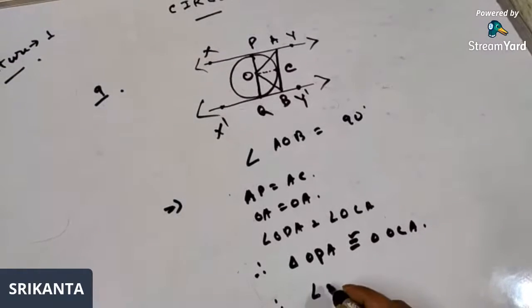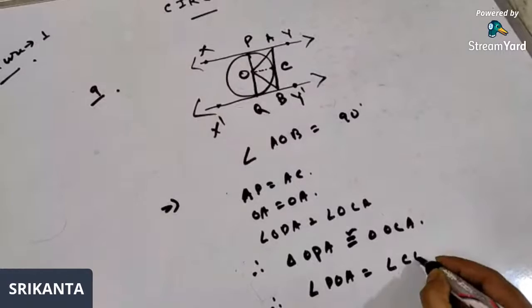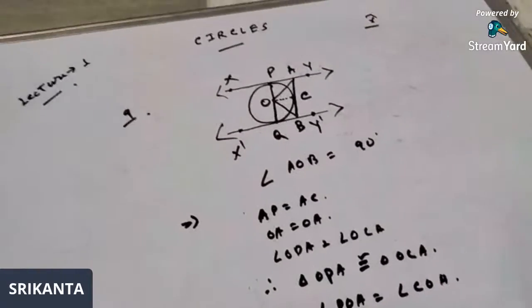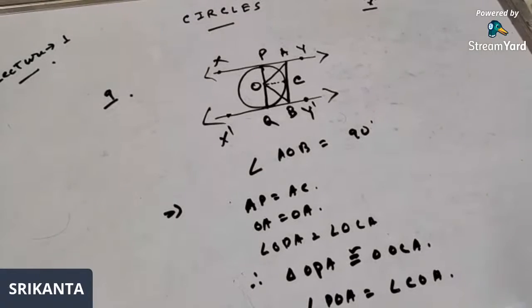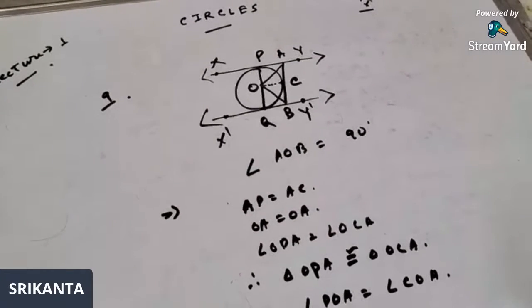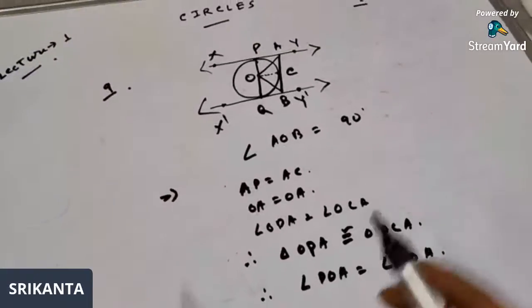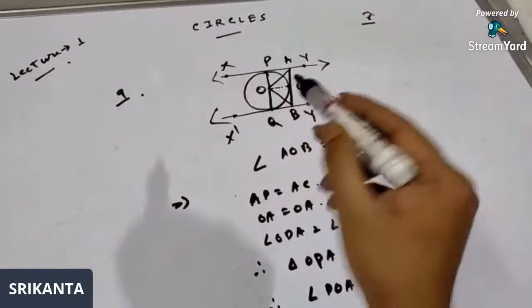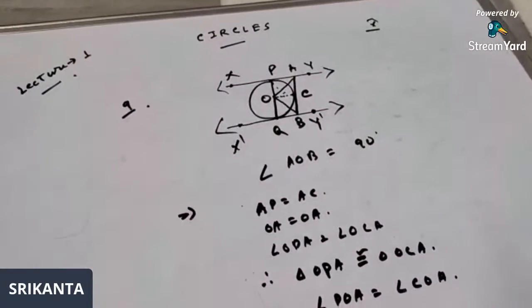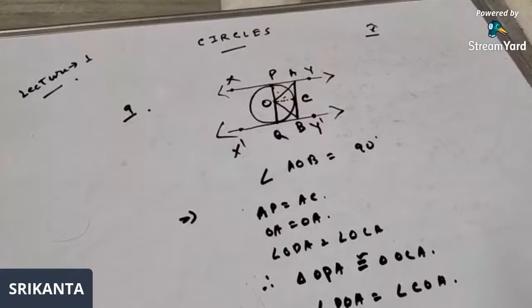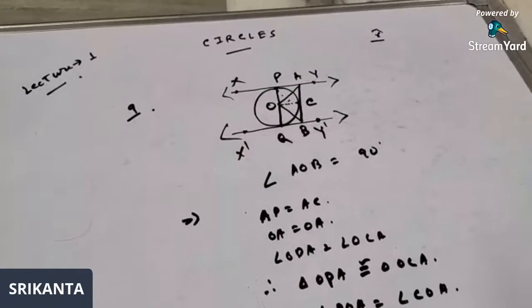Since they are congruent, angle POA is equal to angle COA. Clear? Actually, these are equal.